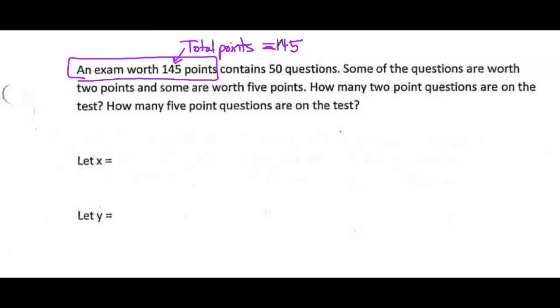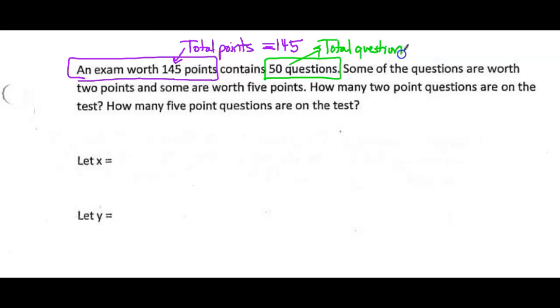Total points is 145. So it says an exam worth 145 points contains 50 questions. So I'm going to use green here because these are 2 different things. You know the total points on the test. And now, if it contains 50 questions, you know the total questions.